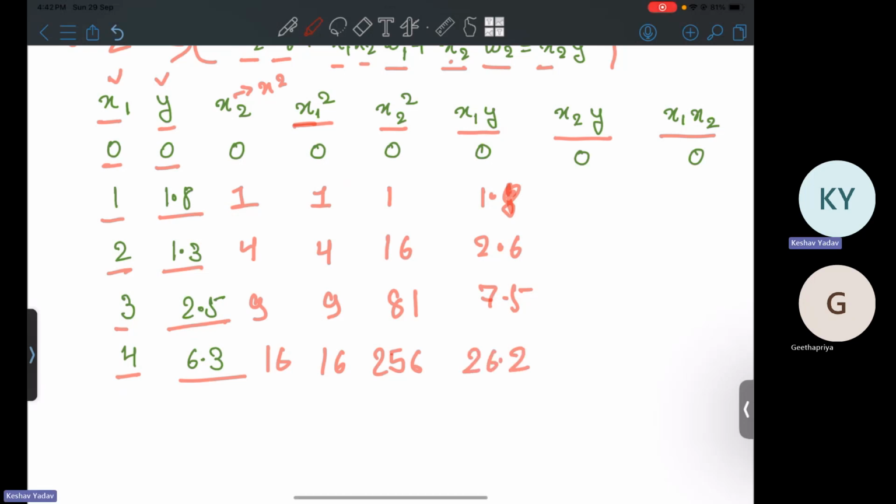Now I need the multiplication of this term and this term. 0, 1.8, 5.2. This will be equal to what? 22.5, I guess.